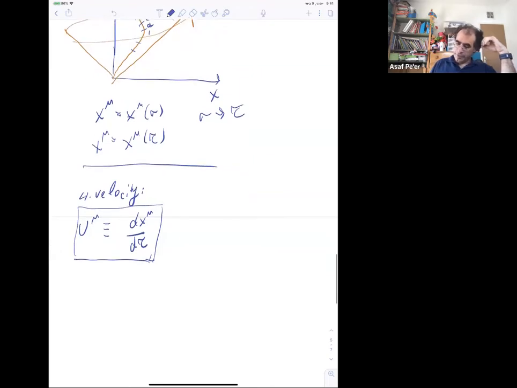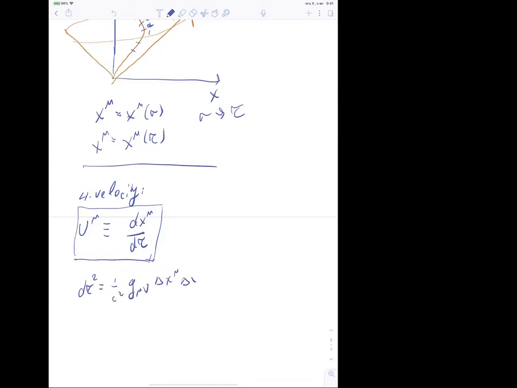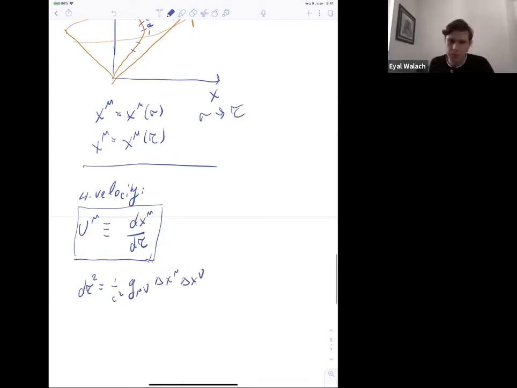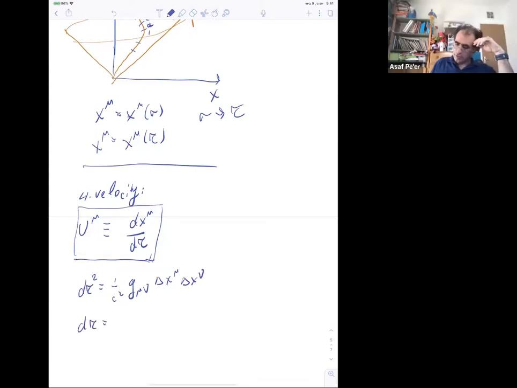Now remember that when we speak of d tau, d tau squared is 1 over c squared g mu nu dx mu dx nu. So we have d tau is the square root of dt squared minus dx squared over c squared, which is just dt times the square root of 1 minus (dx over dt) squared divided by c squared.